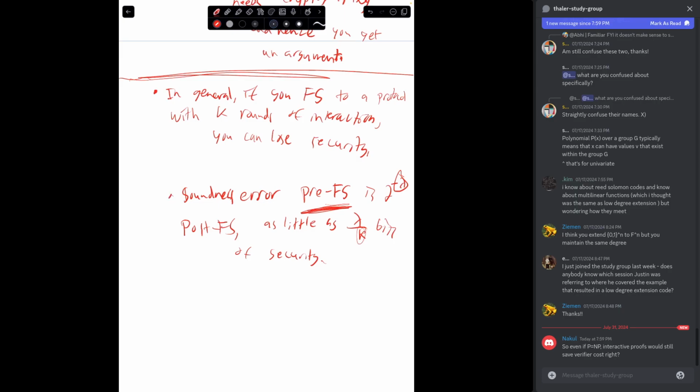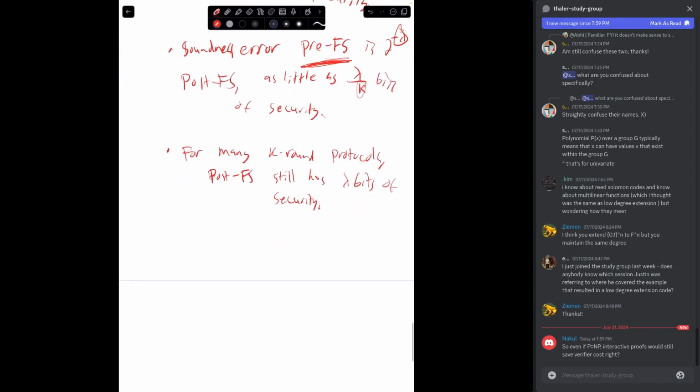But fortunately, for many k-round protocols there actually is no loss of security. Post Fiat Shamir still has lambda bits of security. Most of the protocols people want to use in practice have this nice property.